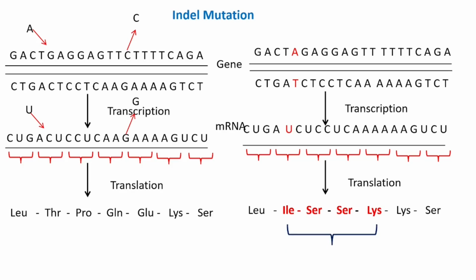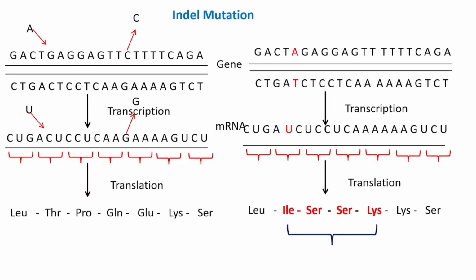Since deletion of a base results in shifting back of the frame and thus restoring the reading frame, such a mutation is called an indel mutation. However, before the addition, there is no change, and after the deletion, the frame is restored back, leading to the original sequence of amino acids.